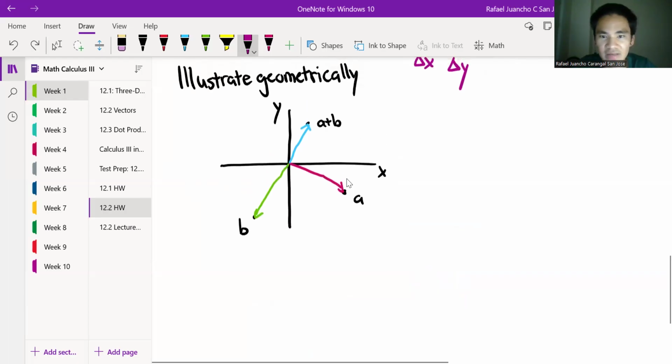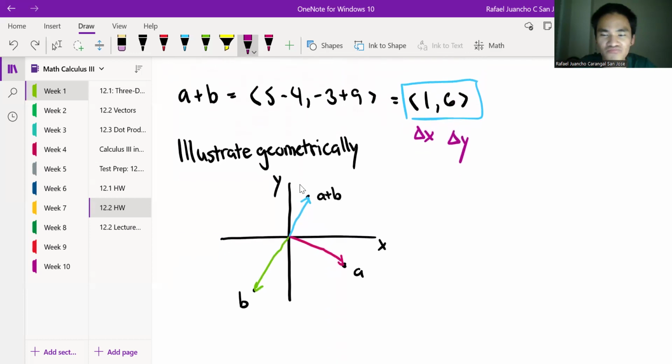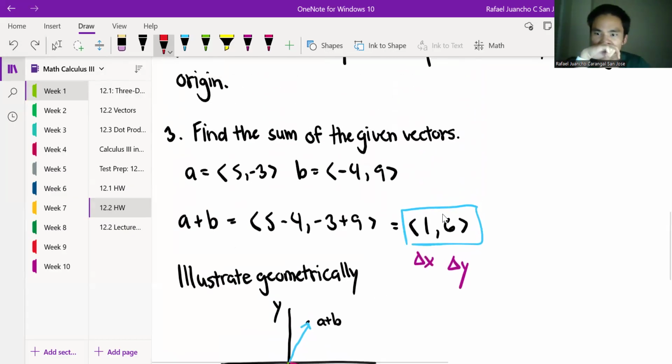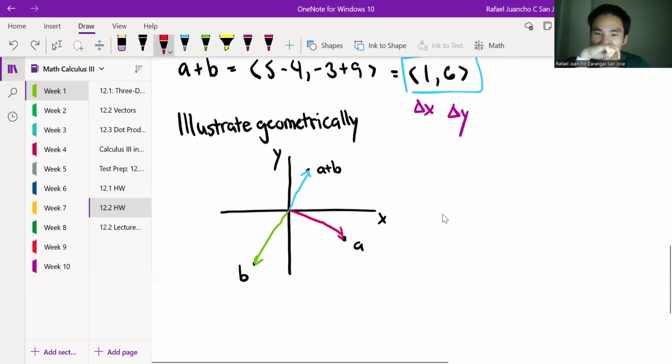You have an A here. You have an A plus B here. Ideally, my B should be up here, somewhere there. Hmm. Yeah, because then that would make sense.